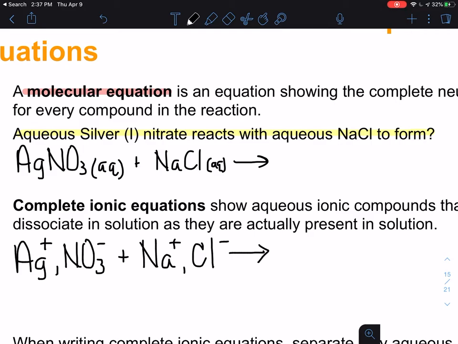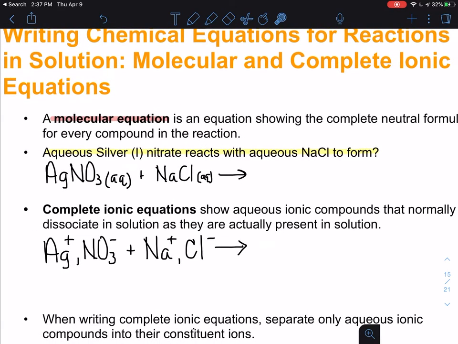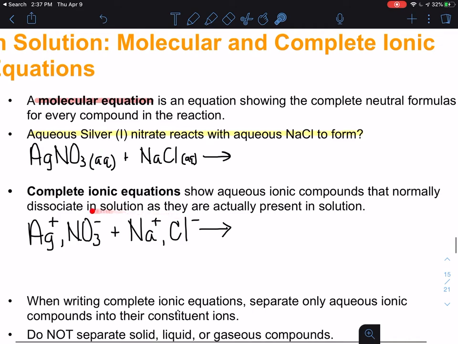Even though I told you to do this originally, this is actually the first step in writing a complete ionic equation. I will do it for you first, and then I'll explain what it is. Now that we wrote this out, we're going to combine everything and finish the molecular equation.